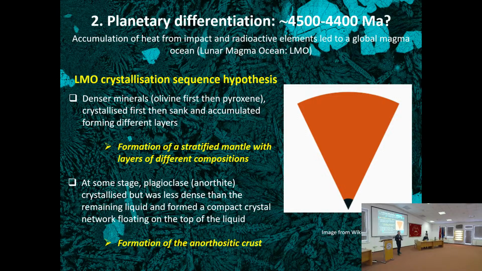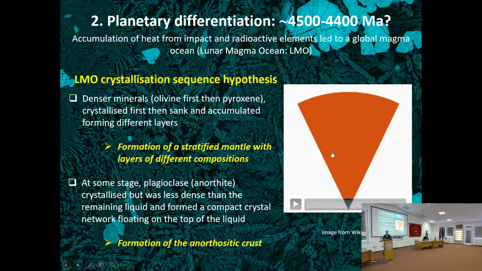We have also the heat produced by the radioactive elements. We have formation of a global magma ocean, the lunar magma ocean, or LMO. And as soon as this lunar magma ocean formed, it started to crystallize.